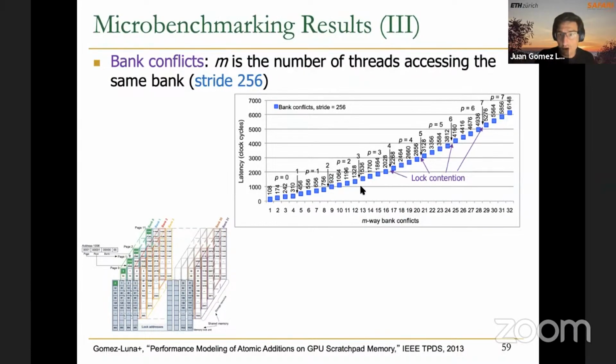That's why the shape of this line here is kind of a curve, and this happens because from time to time we have a lock conflict, or lock contention, and these small gaps indicated by the arrows are larger than the gaps between these previous dots, and that reflects that there is a lock conflict, because we have threads updating different memory locations that share the same lock bit, as we explained before.